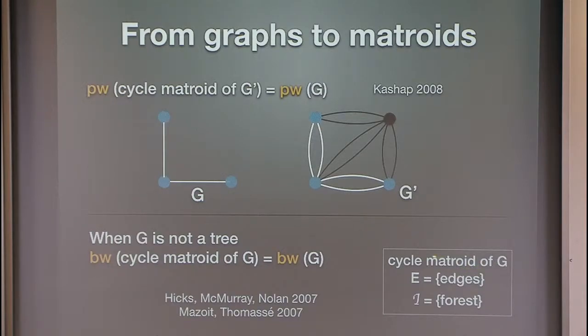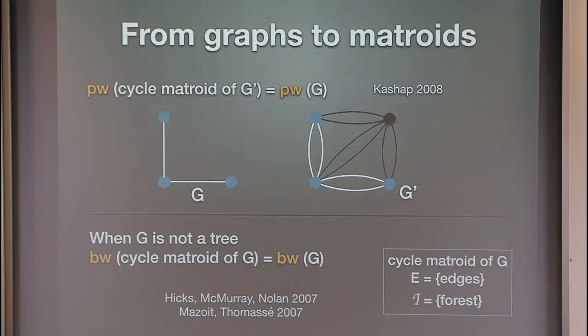The cycle matroid of G is defined by a ground set, which takes the edges of G as the elements, and the independent sets are the forests. You can check that this satisfies the three properties of a matroid.